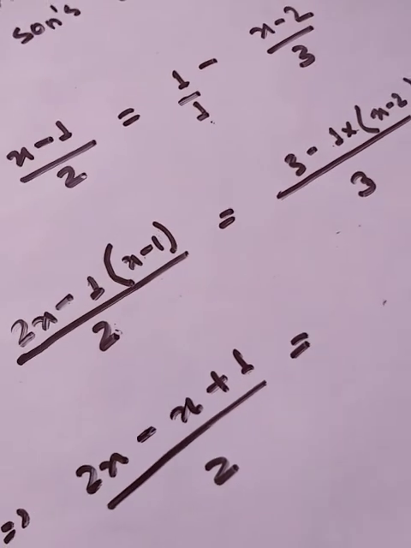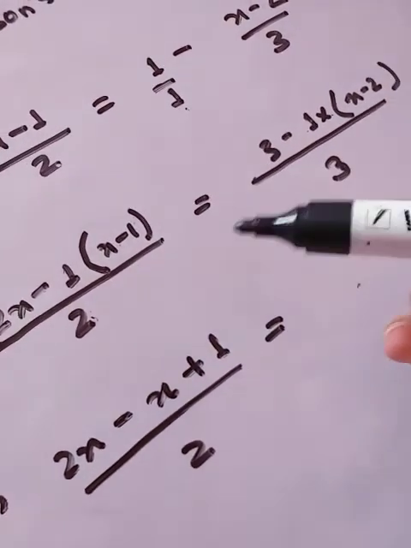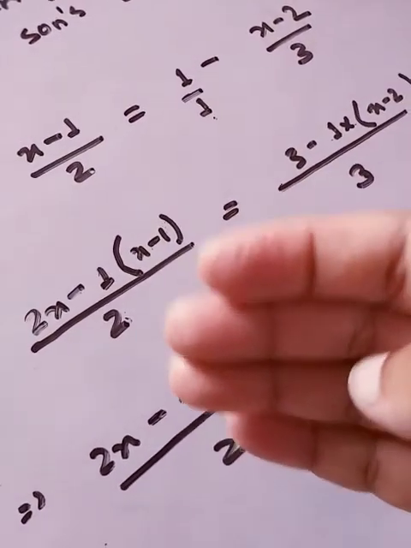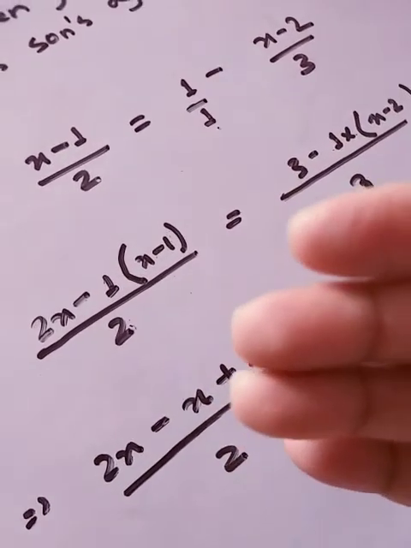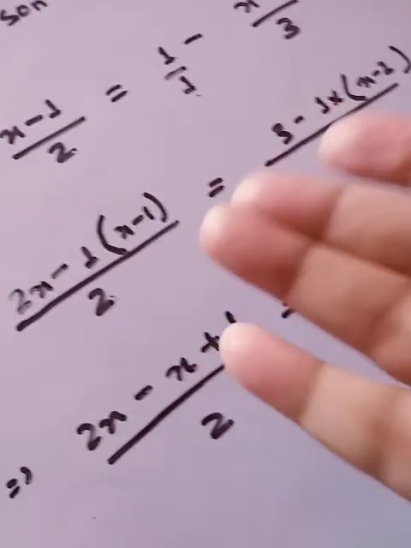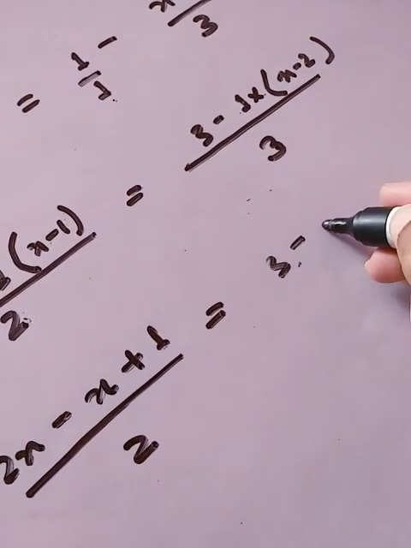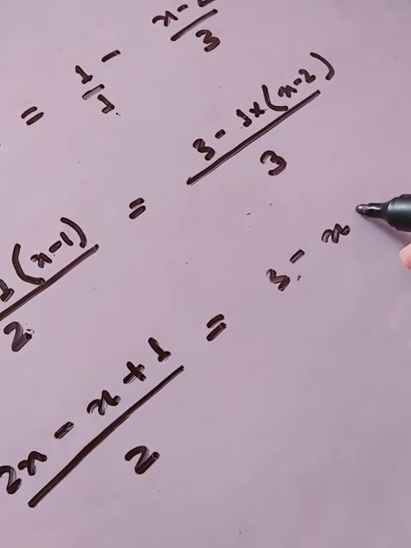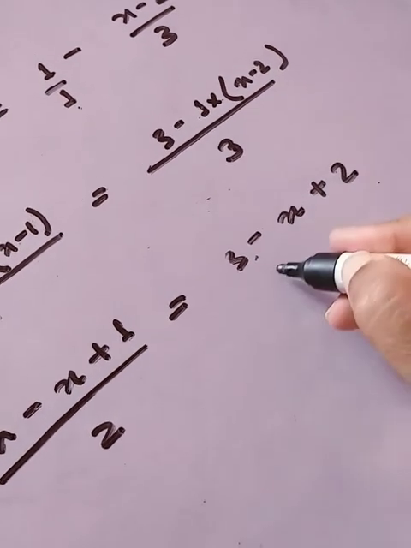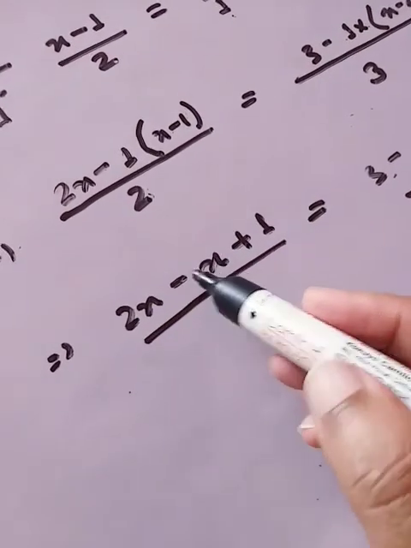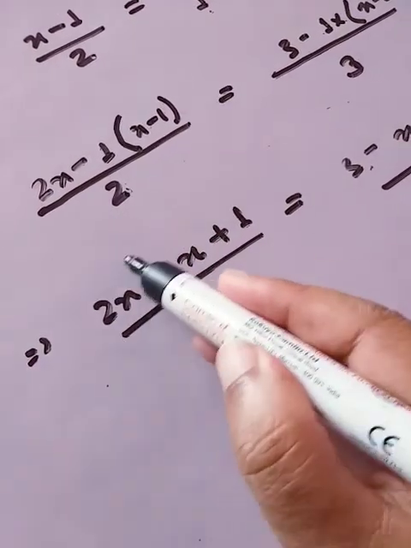But I'm asking those students who normally make this mistake, please go with this process first. Do at least 4 to 5 sums, and when you feel you are acquainted with it, then you can straight away come to this part. Same thing, x minus plus 1 2s are 2. Is there anything that you can solve? Yes, this too, because these are like terms, so you can solve this.